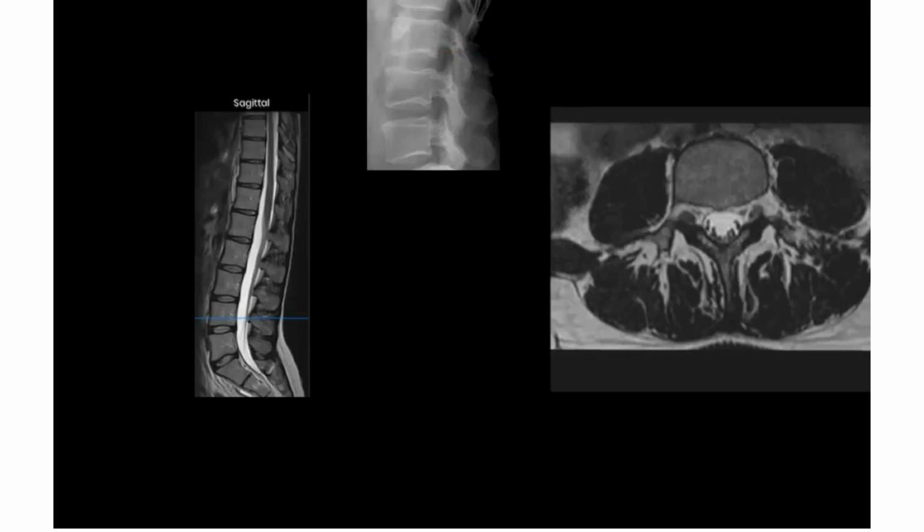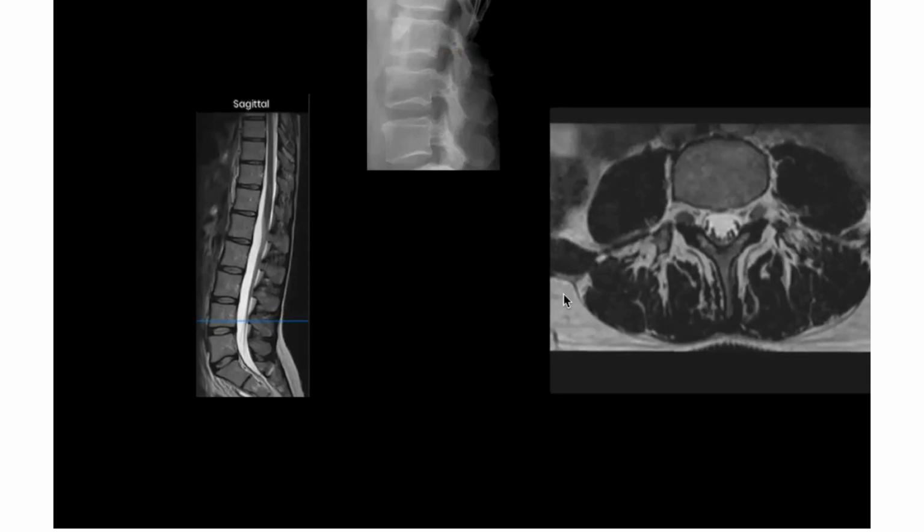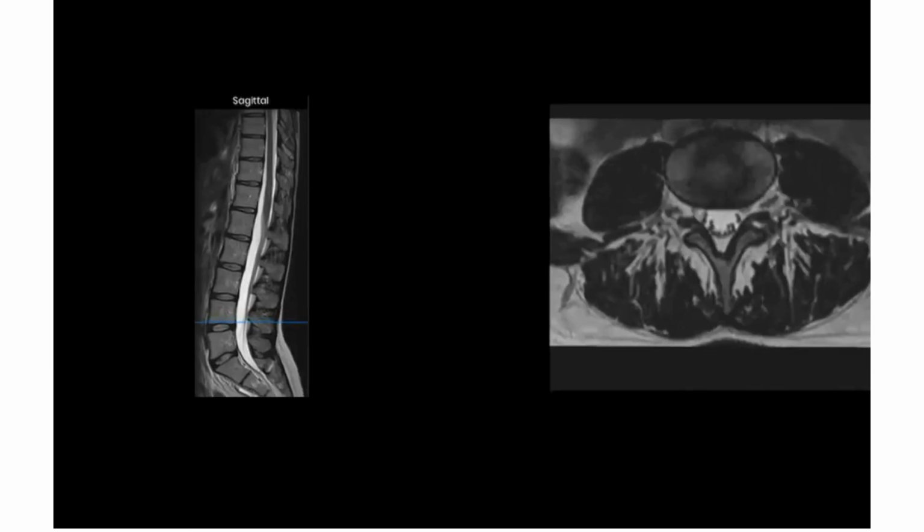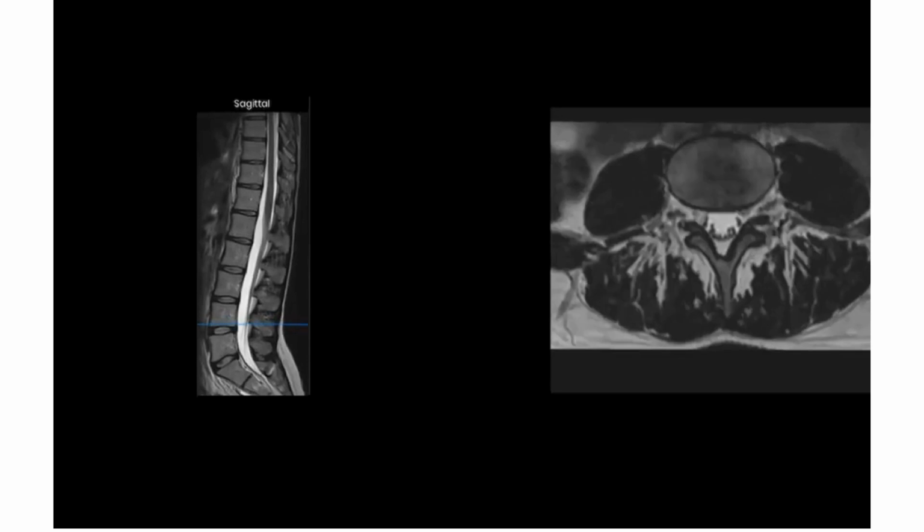Now we go. Now you can see this root is going out of the foramen, but we are still in the vertebral body. That means we are somewhere in the lower part of the vertebral body over here. As you go down further, now look at this. You see the change in the color? Yeah.